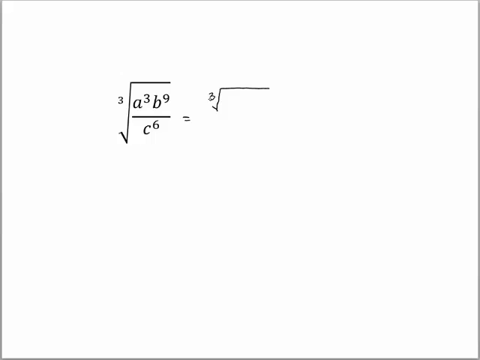Okay, we've got the cubed root of a to the third. Now let's skip a step and go ahead and write this out. So we have b to the third, b to the third.